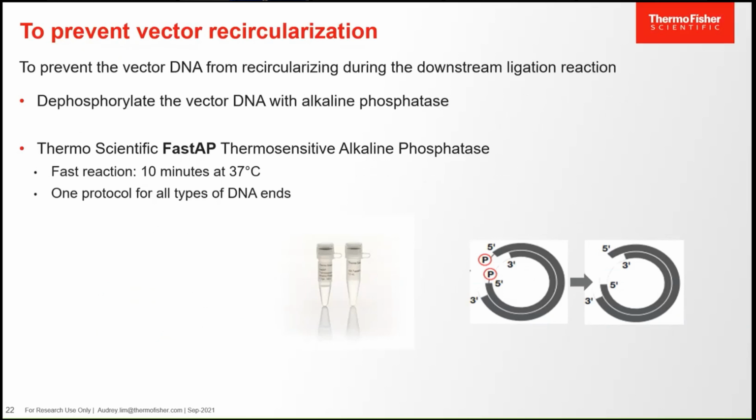So dephosphorylation of the vector DNA is used to prevent vector recircularization during the downstream ligation reaction. You can perform this using Thermo Scientific FastAP Thermosensitive Alkaline Phosphatase. The reaction with this enzyme takes only 10 minutes at 37 degrees Celsius, and one protocol can apply to all types of DNA ends.